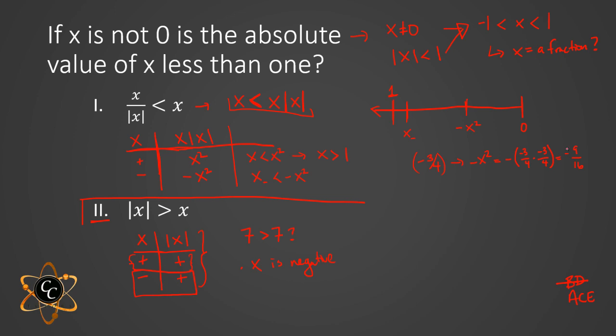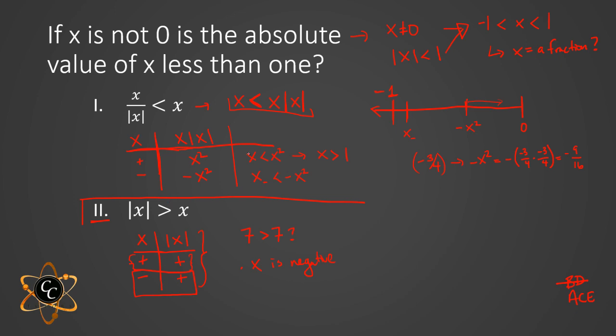This has a smaller absolute value, so it's closer to 0. Since we are on the negative side of the spectrum, a smaller absolute value means that I'm closer to 0. So what does statement 1 really tell us?